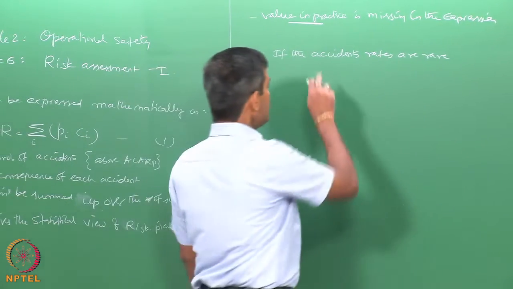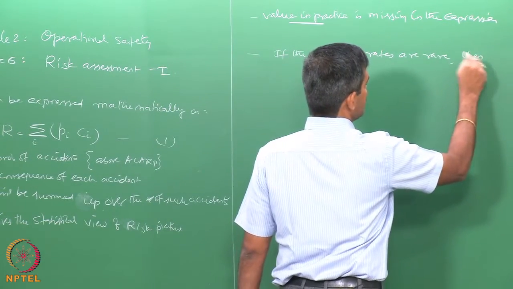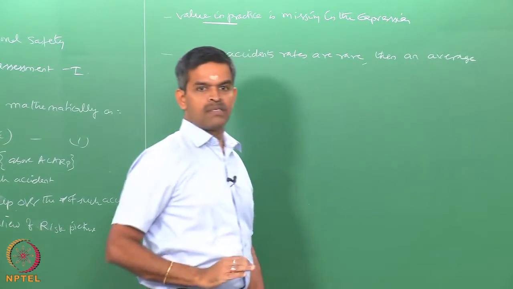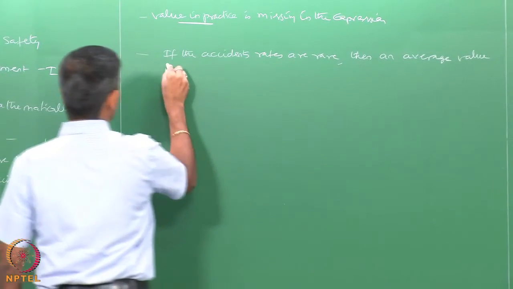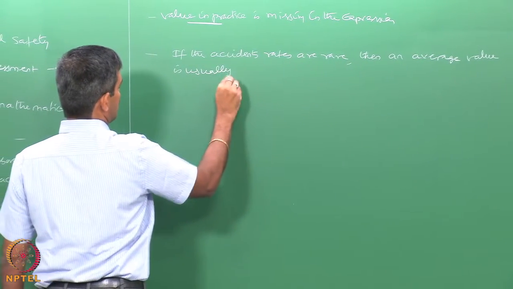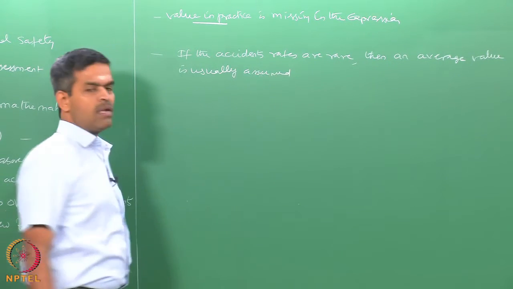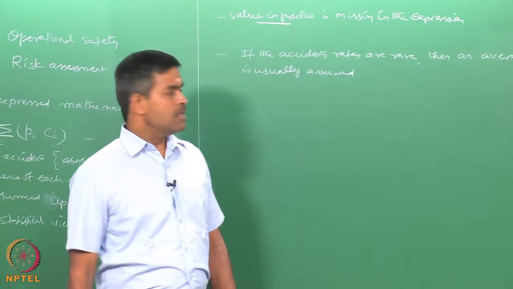So, the moment you have a rare accident rate, then mathematically it is accepted that an average value is usually assumed. Because the number of accidents spread over a specific number of years is very small, you look for an average.